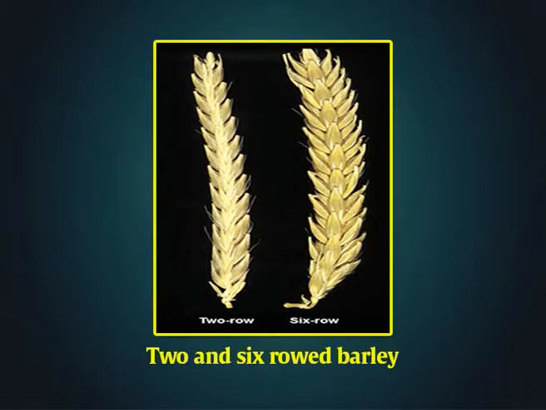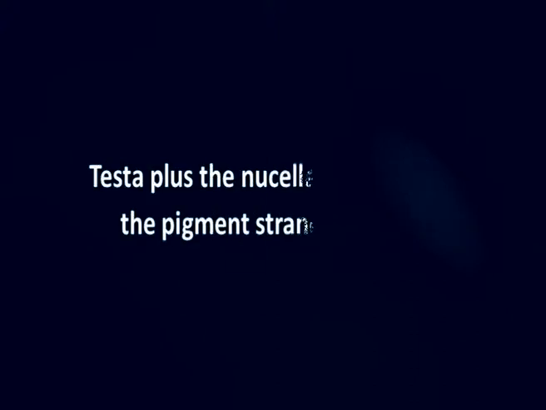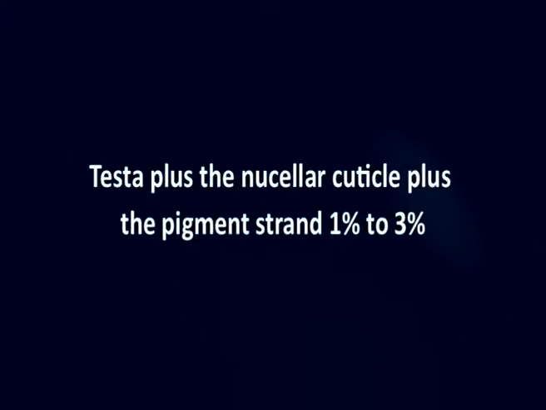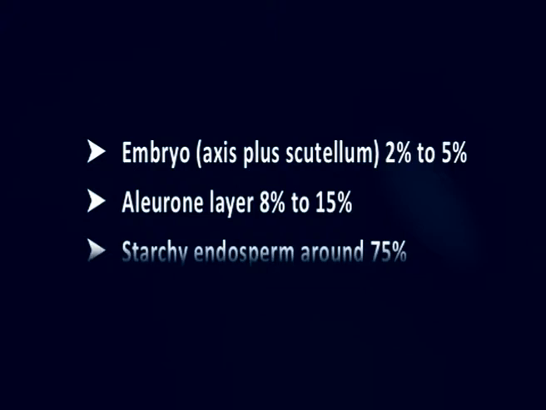Typically, in plump two-rowed barleys, the husk and the pericarp together make up 9 to 14% of the grain's dry weight. The testa plus the nucellar cuticle plus the pigment strand, 1% to 3%. The embryo, 2% to 5%, the aleurone layer 8% to 15%, and the starchy endosperm around 75%.